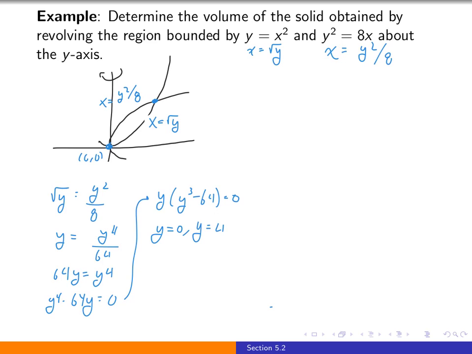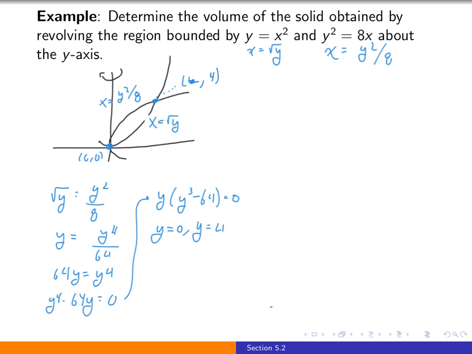So this second point of intersection has a y coordinate of 4. We're not necessarily concerned with the x coordinate, just the y coordinate. So this point is something, comma, 4.